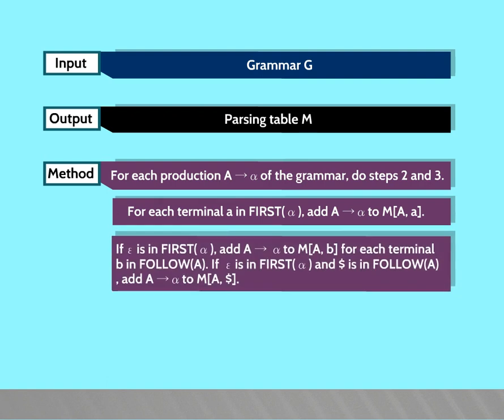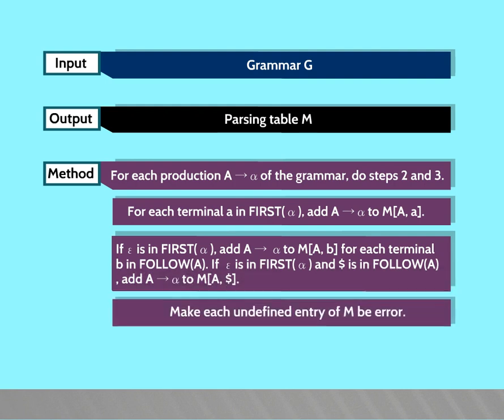If ε is in FIRST(α), add A → α to M[A, b] for each terminal b in FOLLOW(A). If ε is in FIRST(α) and $ is in FOLLOW(A), add A → α to M[A, $]. Make each undefined entry of M be error.